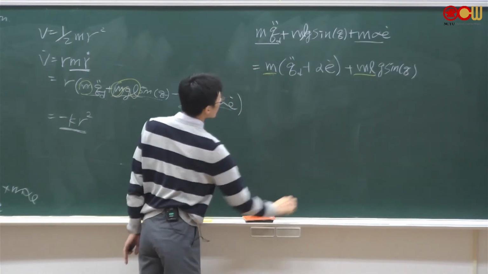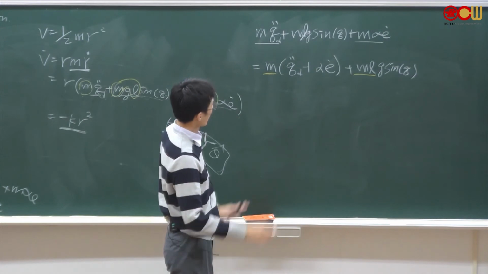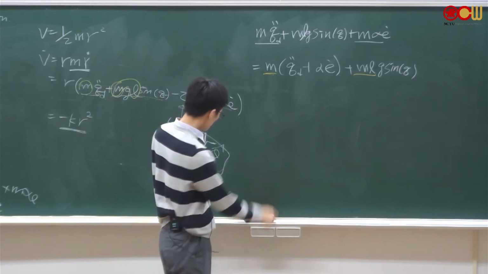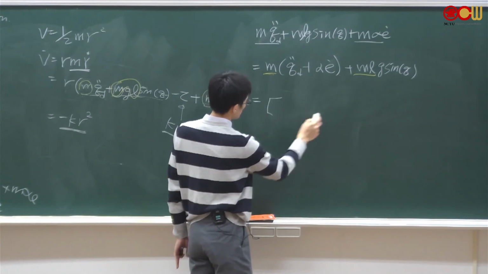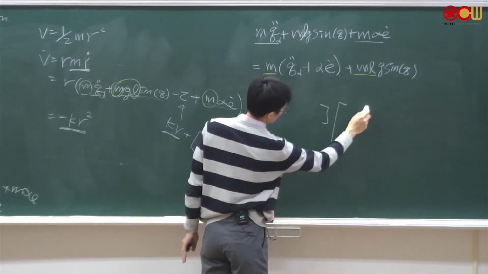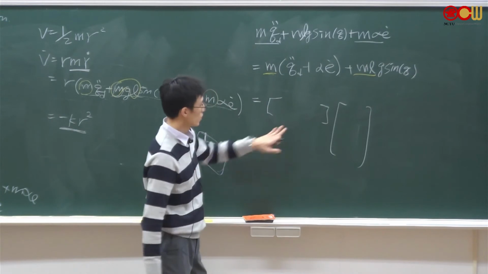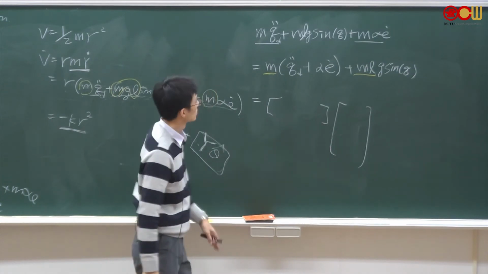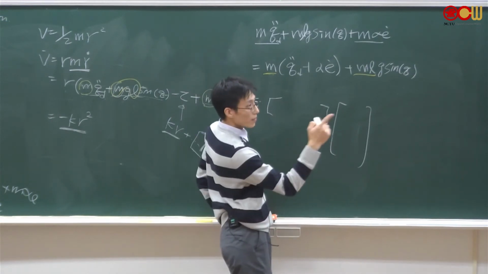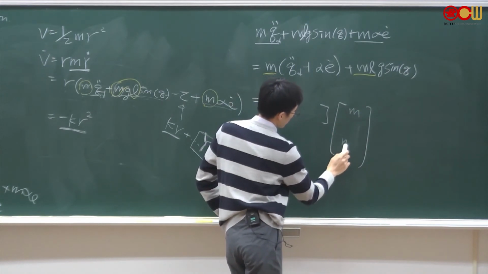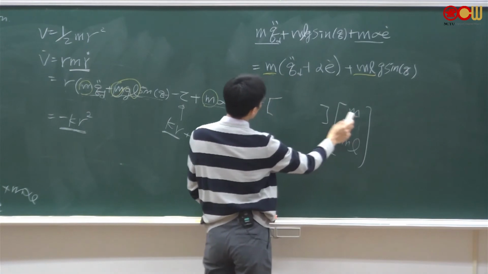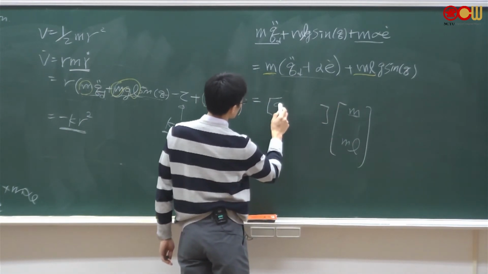Right. Now you can do it in matrix form, which is you put two vectors multiplied, the product of two vectors. And according to this, we put unknown terms here, m and ml. And m times what? Times these terms.